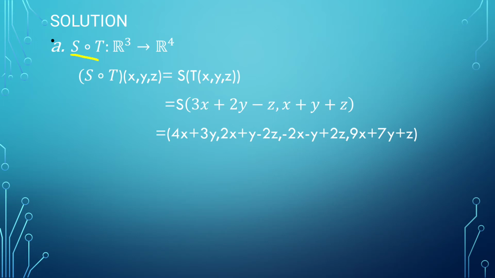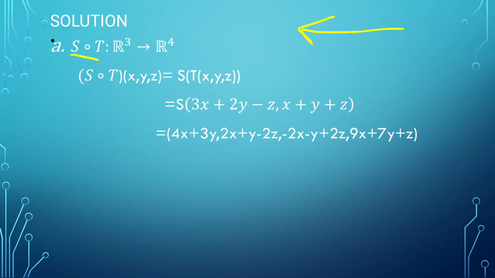Then T is moving from R3 to R2. We see that from the definition given in our example. Remember the operation starts from the right hand; we move from right, moving left.